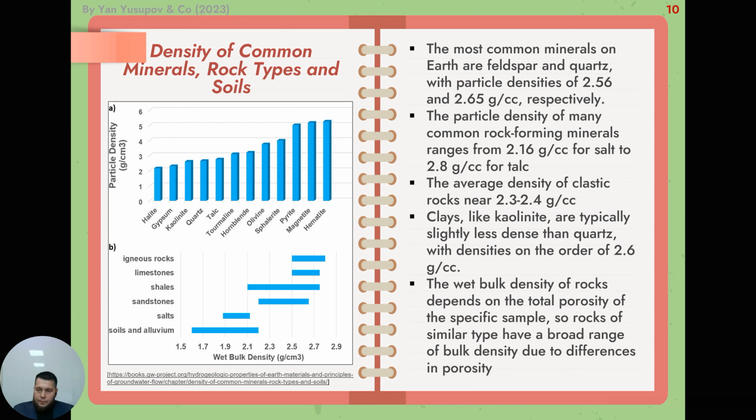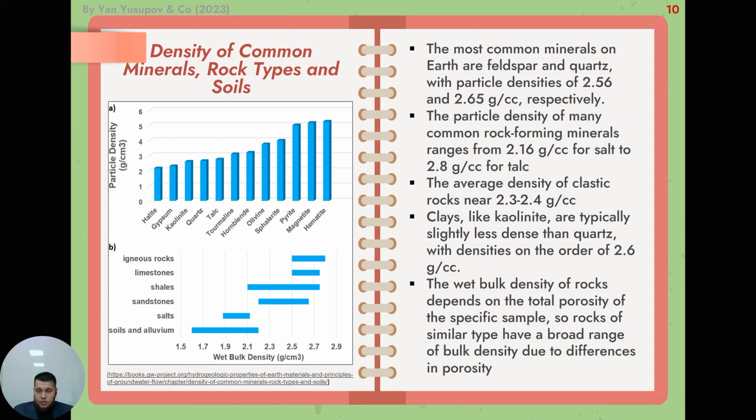However, the particle density of many common rock-forming minerals ranges from 2.16 grams per cubic centimeter for salts, for example, to 2.8 grams per cubic centimeter for talc, with the exception of minerals containing iron, such as tourmaline, olivine, sphalerite, pyrite, magnetite, hematite, with densities ranging from 3 to 5 grams per cubic centimeter.